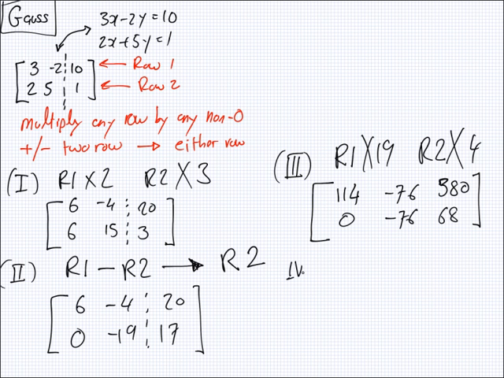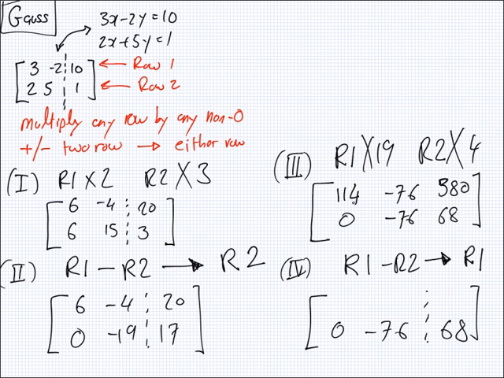Now, next, what I'll do is row 1 minus row 2, and I put the answer onto row 1 this time. Yeah. So I'm keeping row 2 the same. Okay. 114 minus 0? Same. Yeah, 114. Minus 76 minus 76? 0.